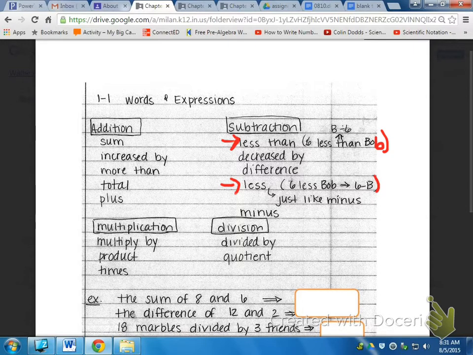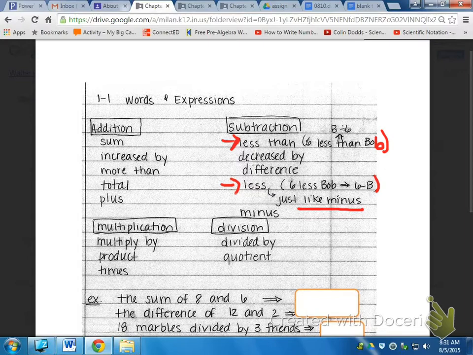If it says 6 less than Bob, that means you have to take Bob and subtract 6 away from it, because it's 6 less than Bob. But if it's just 6 less Bob, it's just like using the word minus, and it's in order. 6 minus B.